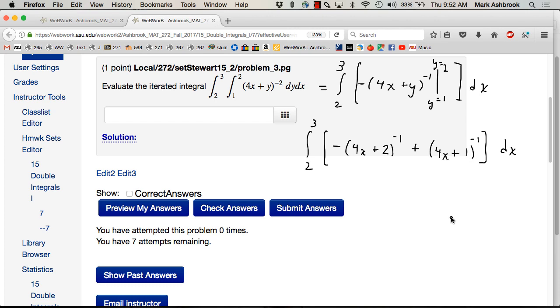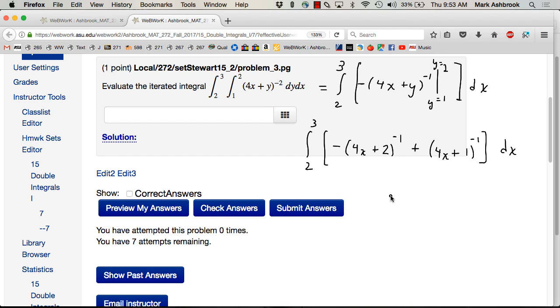Okay, then what? So now we've got to do this with respect to x. So what will this antiderivative be with respect to x? Minus 4x plus 2 to the minus 1. All right, so here's the one time when you don't use the power rule.